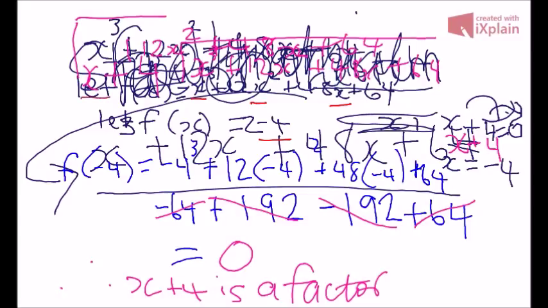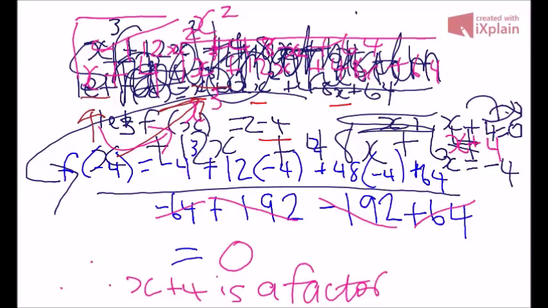Okay? So we're going to say this x and this x. What can go into this x to give you this x? Well, we know that x squared multiplied by x is going to give us x cubed. So we put that over here, x cubed.